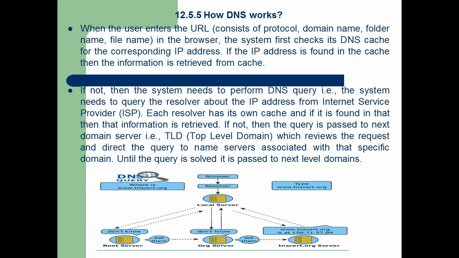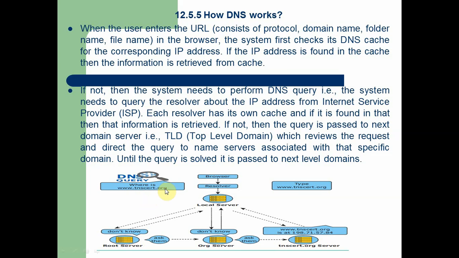Next, how DNS works. The last topic of the lesson is how DNS works. In the diagram, you can understand how DNS works in a very simple manner. For example, a user wants to access the web page www.tnscrt.org. They simply open the browser on their computer and type the web page, that is the URL.